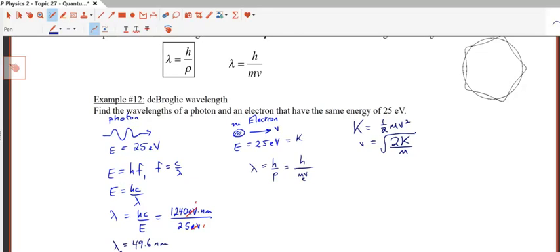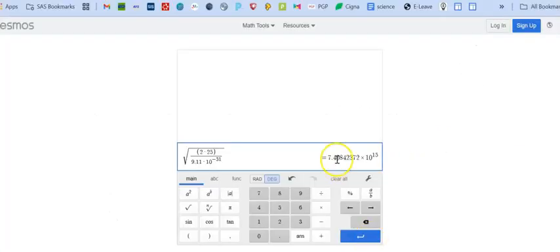Okay, assuming you did that, there are some typical mistakes that people make in this problem. A lot of people will do 2 times the kinetic energy, and they'll put simply 25 electron volts, and then the mass of an electron is 9.11 times 10 to the power of negative 31 kilograms. If you plug that into your calculator, you're going to get a really high value, 7.41 times 10 to the power of 15. I hope alarm bells will go off and you think, I made a mistake.